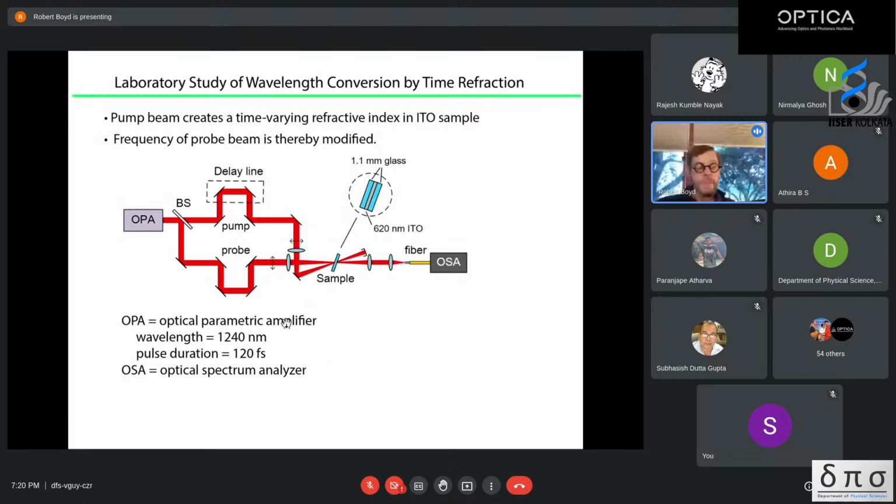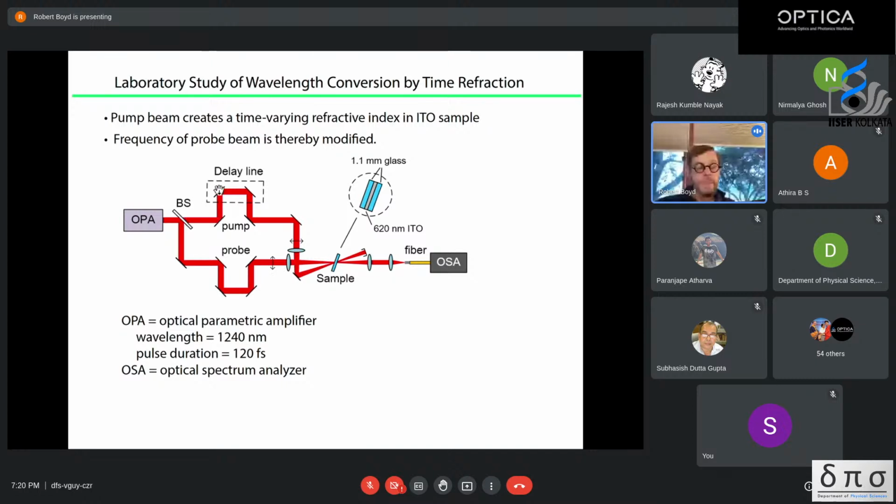So here's our experimental setup. We used an optical parametric oscillator to obtain light at 1.24 microns. We split it into two beams, a probe beam, which just passes through our sample of indium tin oxide.